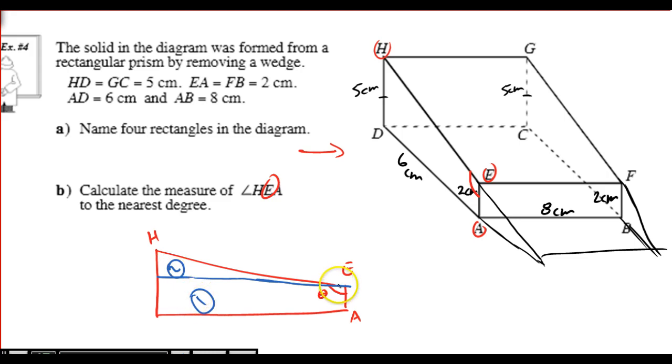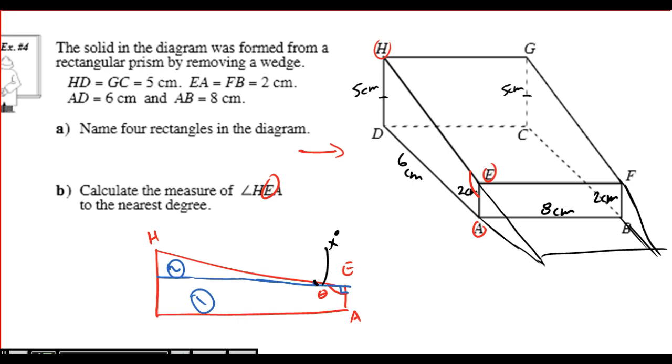Right away I know that this now becomes a 90-degree angle. So as long as I calculate this little angle, which we can call x, I can add that to 90 to get theta.